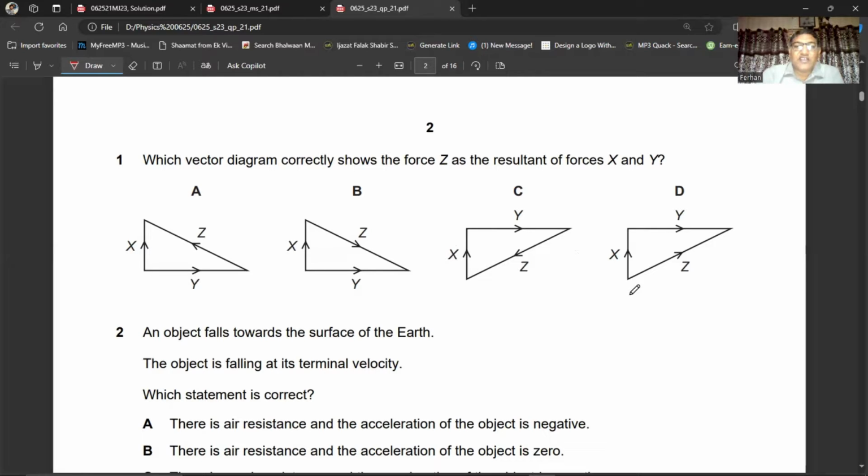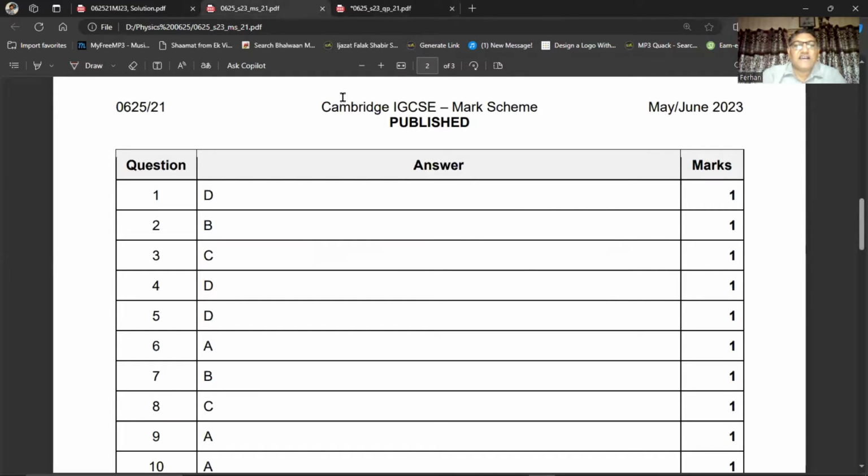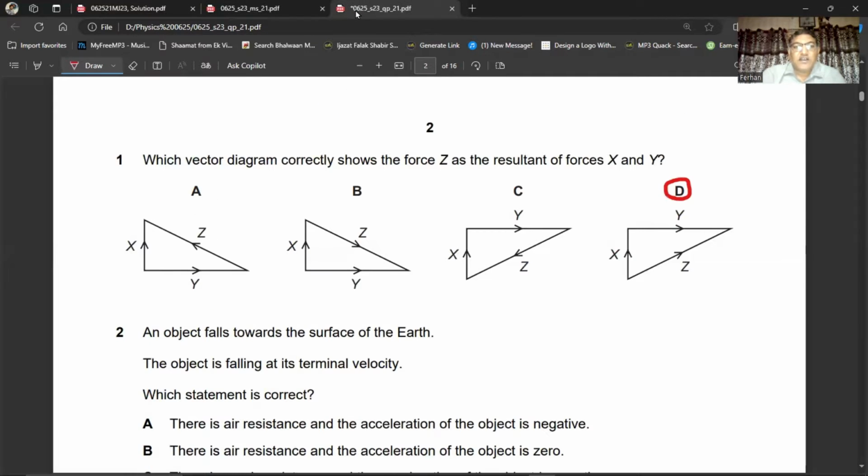But here they have not done this. In the D diagram, at the head of the first vector, they have put the tail of the second vector, and then they joined the tail of the first vector with the head of the last vector. So this is the right answer. I think D is the answer. Question number 1, D is the answer.